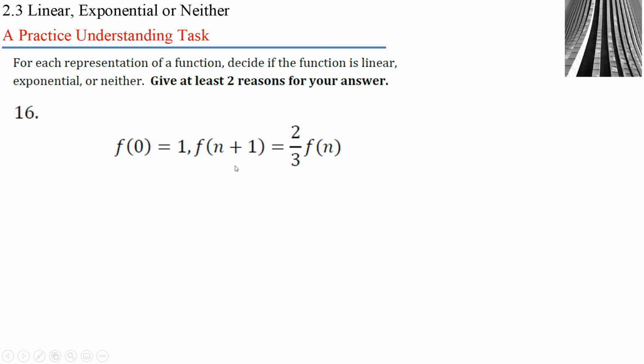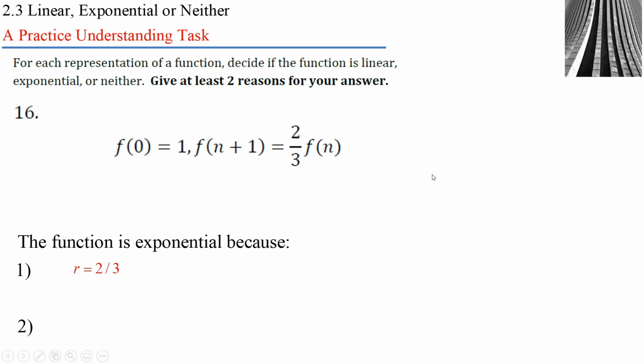They're calling the term we're looking for f of n plus 1, and the previous term f of n. That's interesting. But do you see this 2/3 right here? I'm multiplying the previous term by 2/3. That's a common ratio, so this is going to be exponential. So the function is exponential because the common ratio is 2/3.